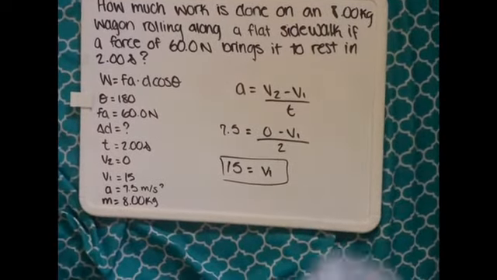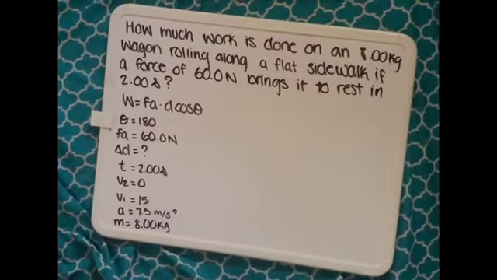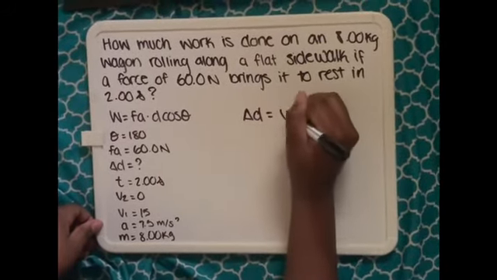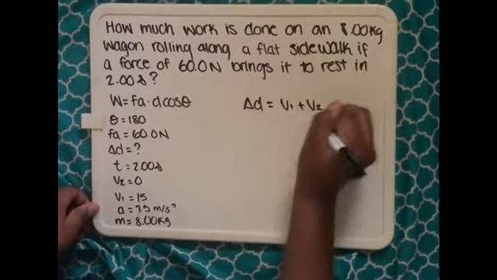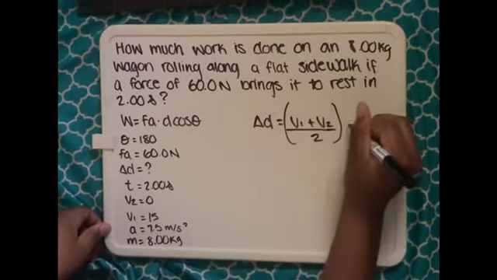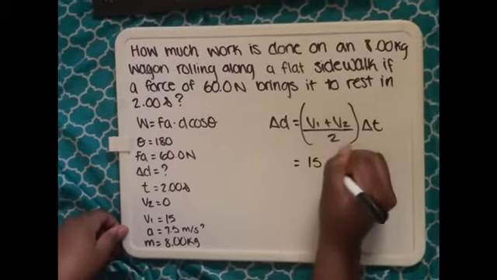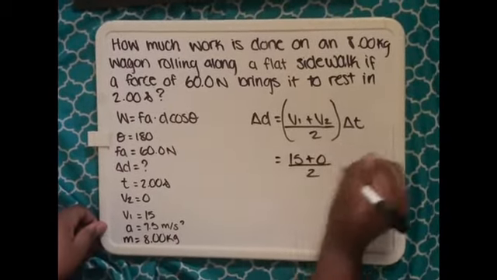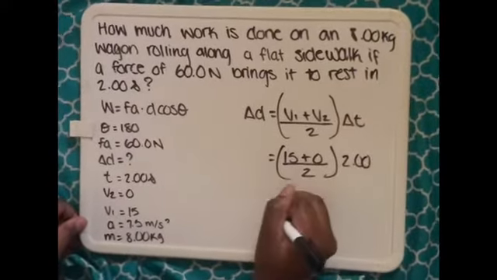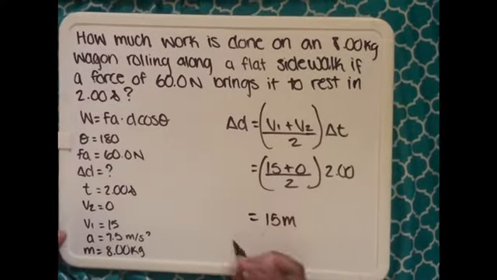And since you know your V1 and now you know your V2, you can solve for delta d. So now delta d is equal to V1 plus V2 all over 2 times delta t, which equals 15 plus 0 over 2 times 2, which is equal to 15 meters is your delta d.